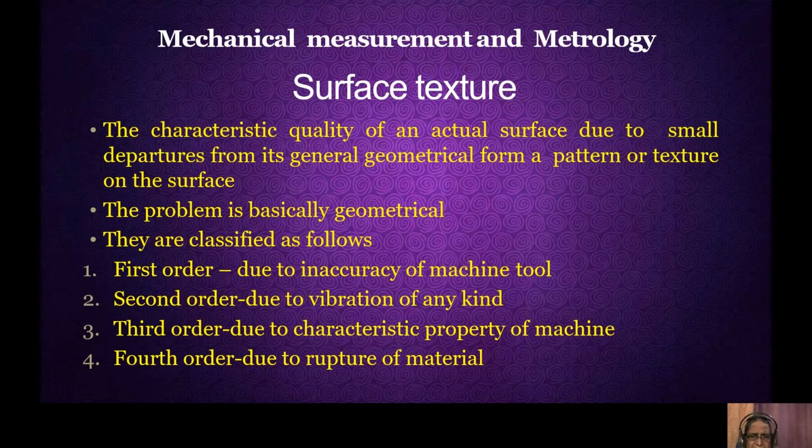It is the property of the machine: even if you work with any machine with high skill, the surface you get depends on the property of the machine. The fourth one is rupture of material. If your material has been ruptured, then again you won't get a proper surface.